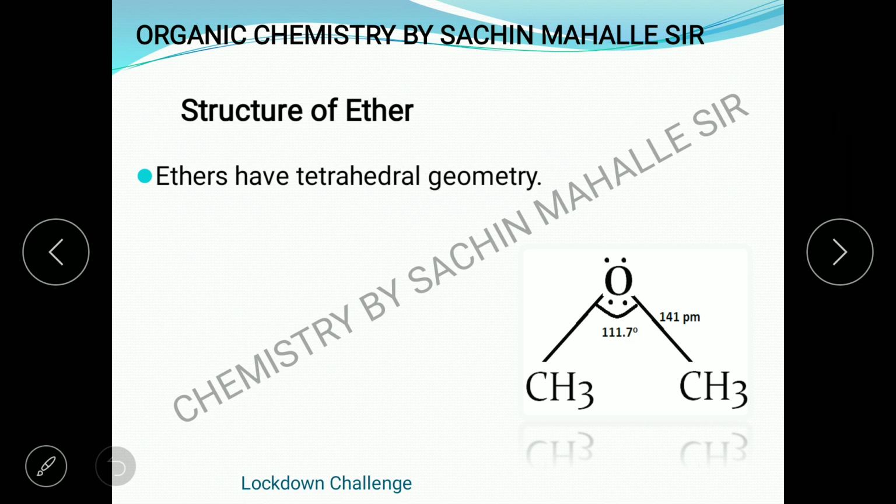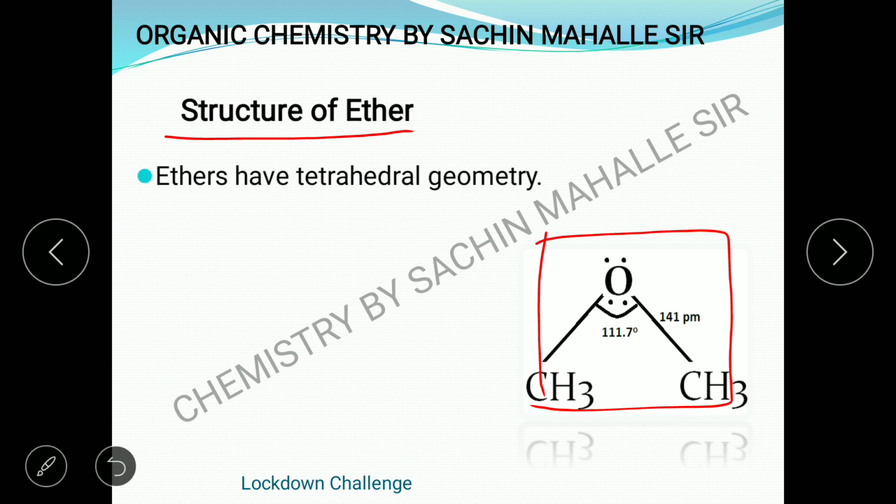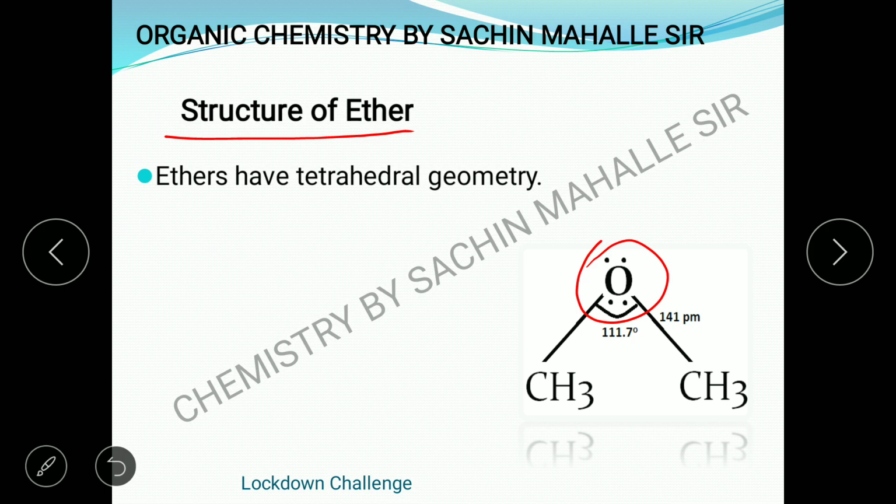The last point we have to see here is structure of ether. This is the structure of dimethyl ether. In that, the oxygen atom is attached to two methyl groups in such a way that oxygen has two lone pairs on it.